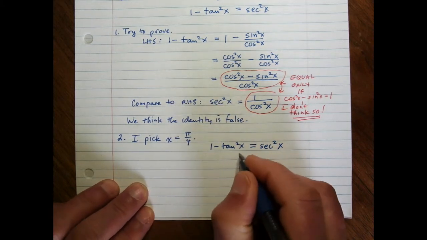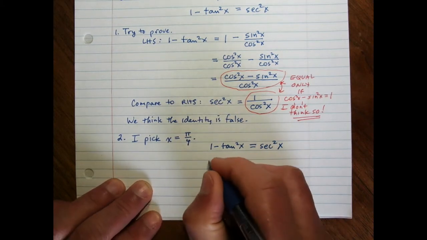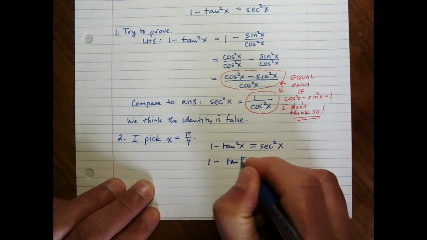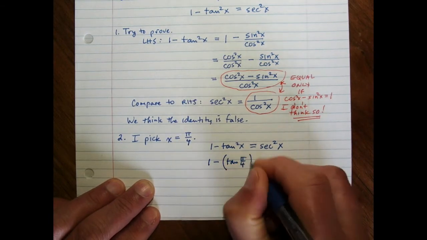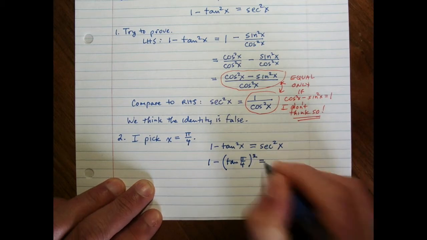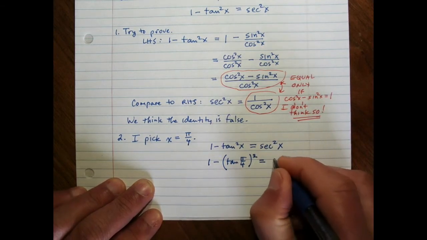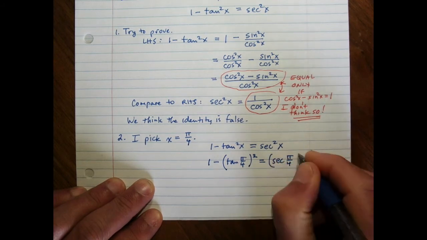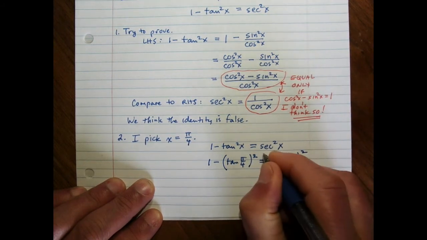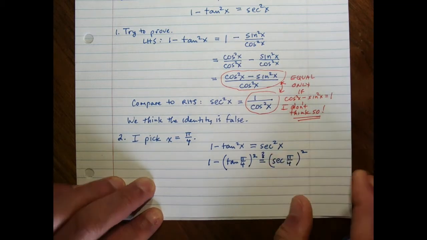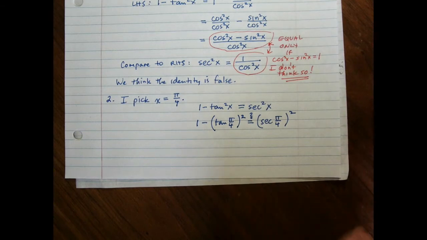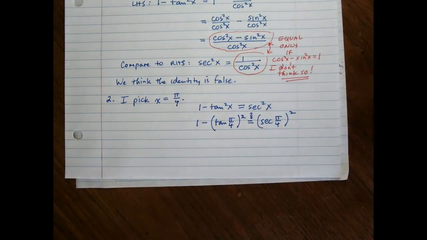And when I plug in x equals pi over 4, I get 1 minus tangent of pi over 4 squared, I'll write that square with parentheses, equals secant of pi over 4 squared. And we're really asking ourselves, is that true? Because if it's not true with pi over 4, we do not have an identity.